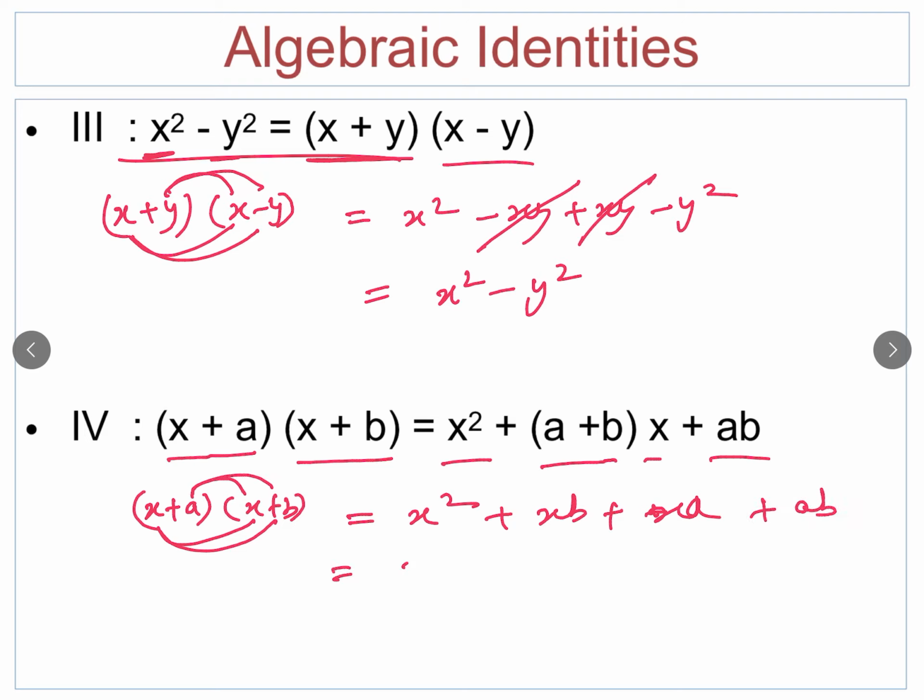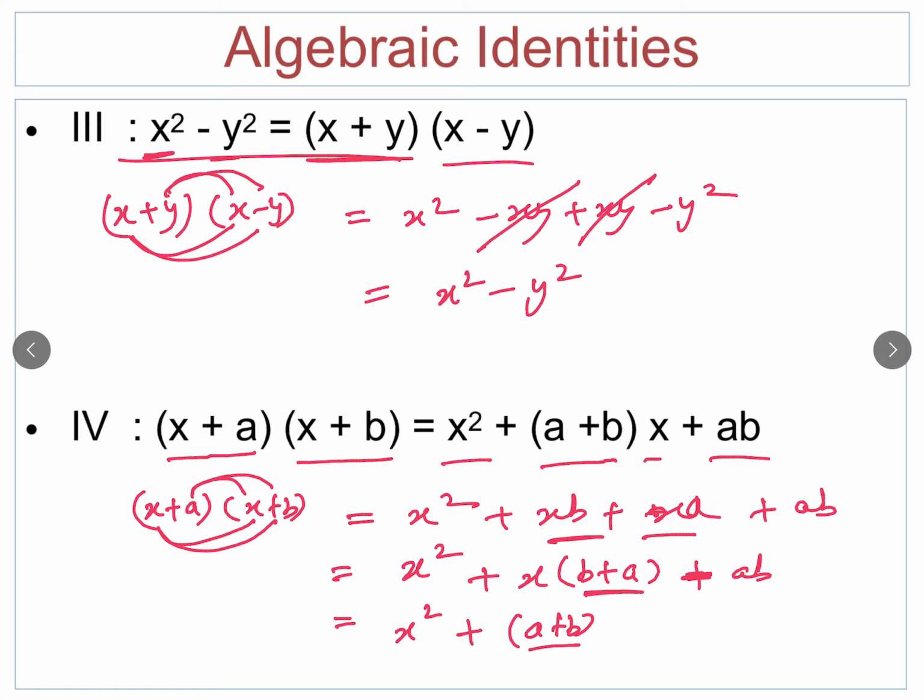Now write this x square as it is. From these two terms we will take x common, so we'll remain with x into (b plus a) plus ab. After rearranging the terms, we get x square plus (a plus b) into x plus ab. We can interchange the order of ba to ab. This is your identity number 4. So these 4 identities you have already studied in your previous class, that is in class 8.